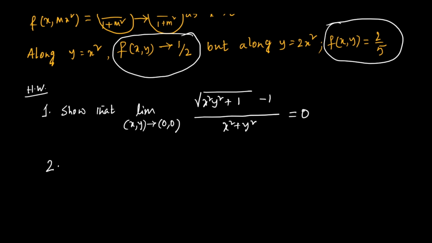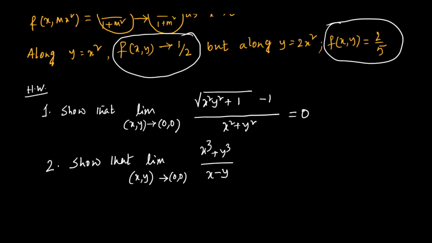And the second one, show that the limit as (x,y) tends to (0,0) of (x cube plus y cube) divided by (x minus y) does not exist.